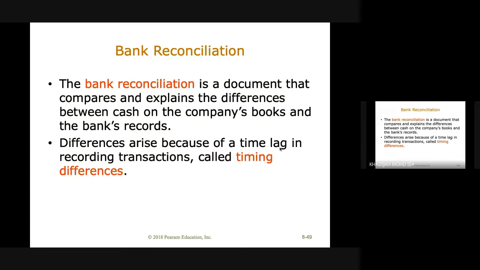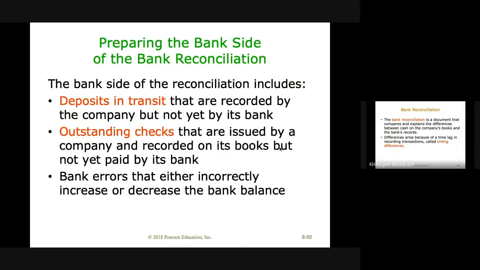Example just now, in your company's books, you have recorded the credit of the payment for your supplier, but the supplier has not brought the check to the bank. So in April, you have recorded the payment, but the bank has not actually cashed out the check. So still in April, you will not see that payment yet in the bank statement.